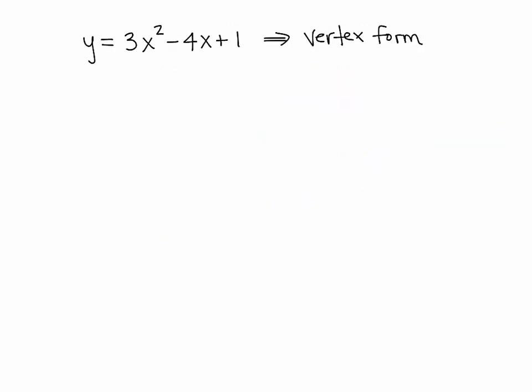What if your leading coefficient is not equal to 1, but instead 3? In this case, we're going to factor out the 3 on the whole equation, making it 3 times (x squared minus 4 over 3 x, a little space, plus 1 over 3). We're going to complete the square by taking the term b, divided by 2, then squared.